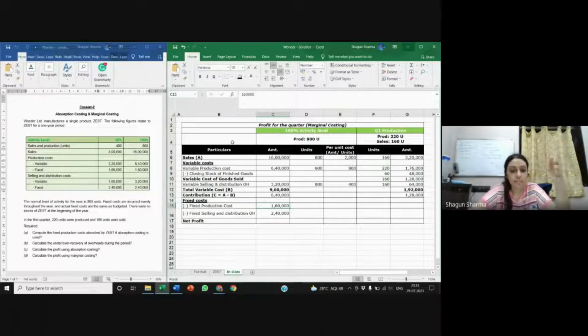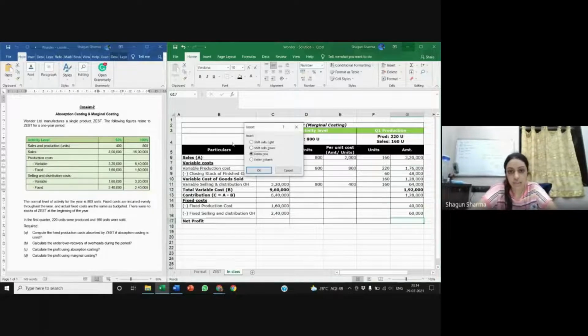So if I'm incurring 160 over a period of 12 months, then when I'm calculating my Q1 production, it is only for 4 months, which is why to calculate fixed cost for Q1, I take my fixed cost for the entire year and I simply divide it by 4 because I'm doing a Q1 production, right? The same goes for my fixed selling and distribution overheads. So I took this and I divided it by 4.